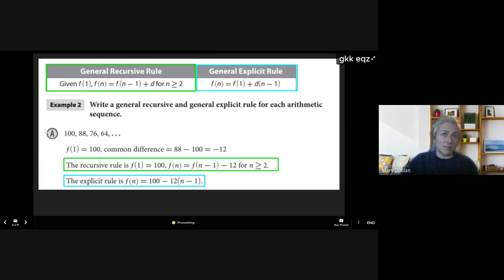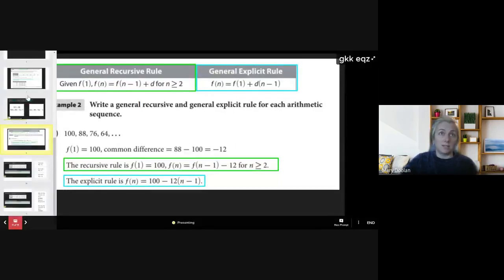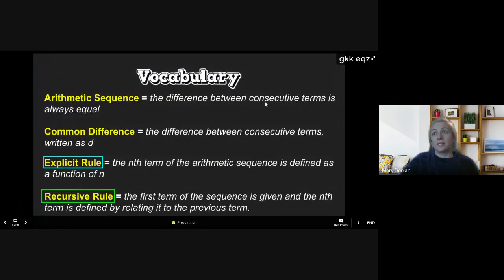Remember we defined a sequence as just a list of numbers or objects in a special order. Today, we defined an arithmetic sequence as one where the difference between consecutive terms is always equal.